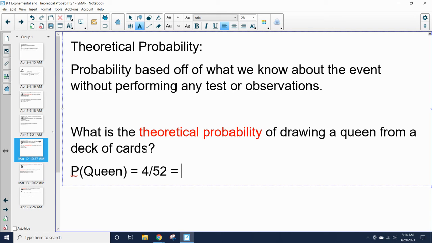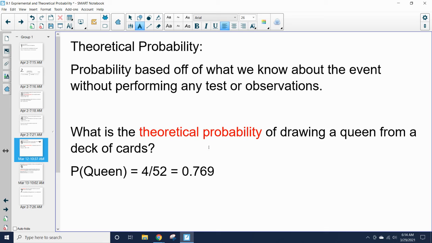So if we divide that, we would get 0.769, and there's a little bit of decimal in there, and we can round it to the nearest thousandth place if we need it. It doesn't necessarily matter exactly what decimal we go to, but our probability of getting a queen is 4 out of 52, which is 0.0769.